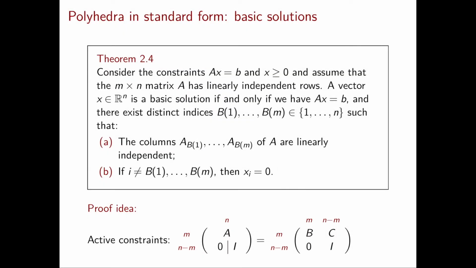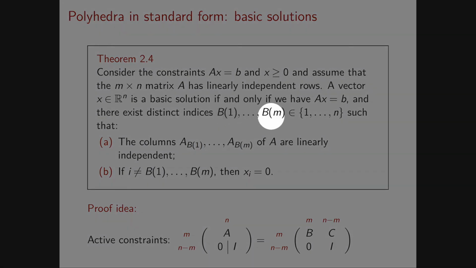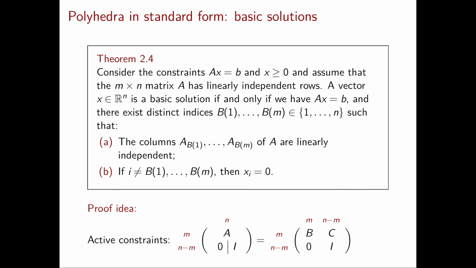In this theorem, the indices B1 until Bm exactly correspond to the indices of the columns of B. In our proof, for simplicity, we assumed that these were exactly the first m indices, and we restricted to this setting by eventually renaming the variables.